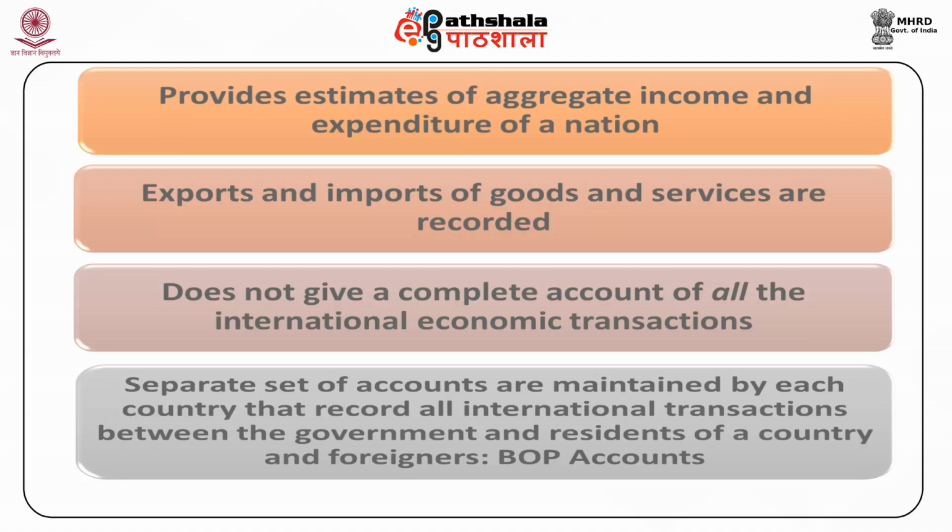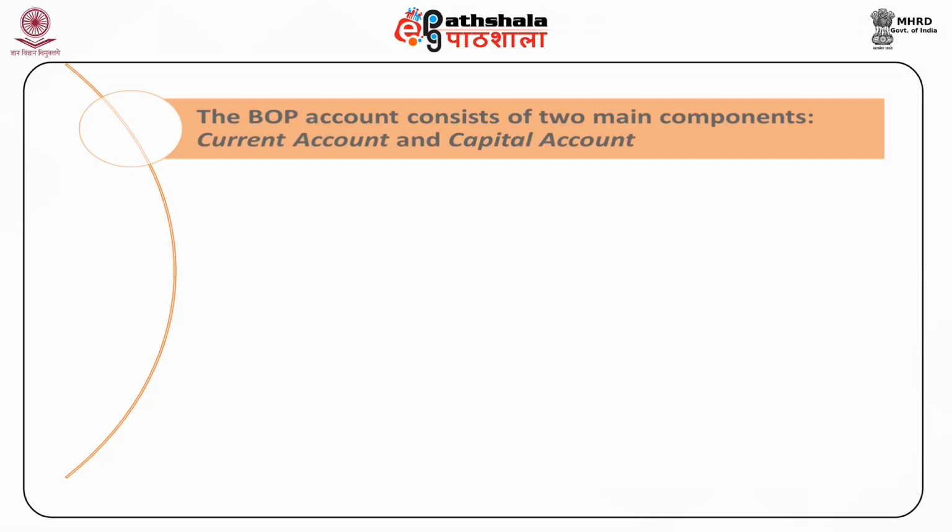A clear understanding of balance of payments accounts is very important as the progress of each nation is increasingly becoming dependent on how much it is integrated with the rest of the world. The balance of payments account consists of two main components, current account and capital account.